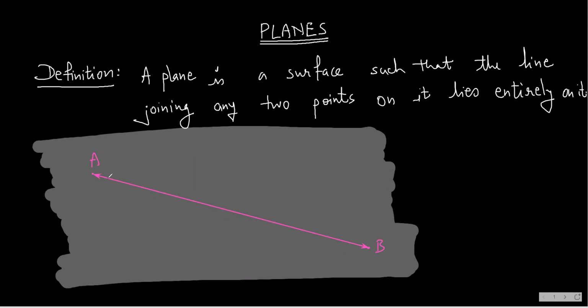But I notice that all the points on the straight line are lying on the surface, and hence this becomes a plane. So the line joining any two points on the surface lies entirely on the surface. This line completely lies on the surface.